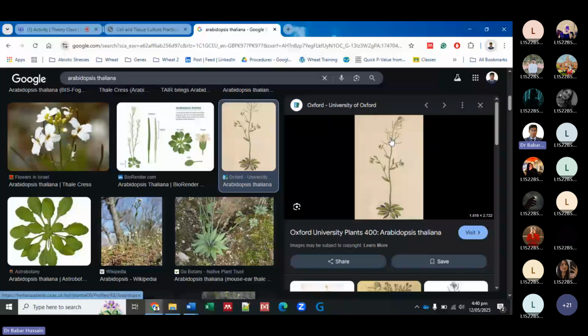So like chickpea, every pod has two to three seeds, but similarly, brassica plant has siliques. So there are multiple seeds inside the brassica.